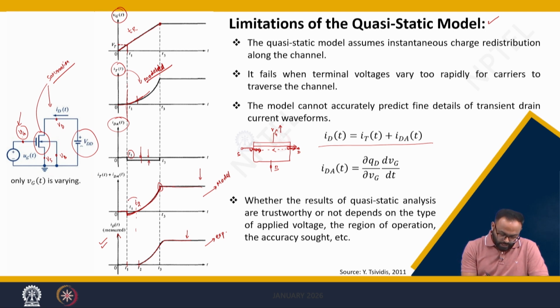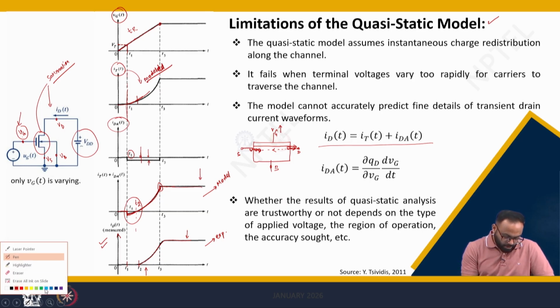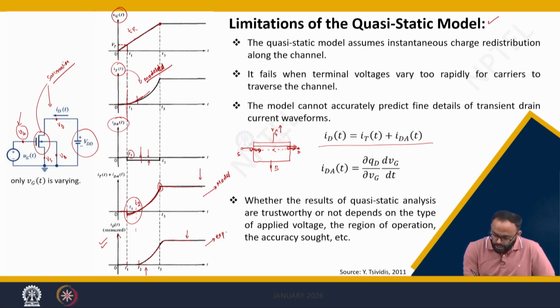So this is the major limitation of the quasi-static model, which is not observed in experimental data. What is the reason behind that? You see, if a carrier is entering the source, that is an extra carrier, because of a small change in Vg, the extra carrier is entering the source, and this carrier will take some time, right?